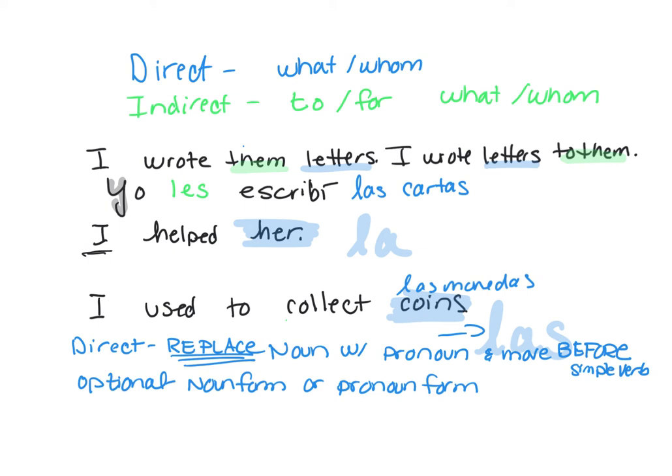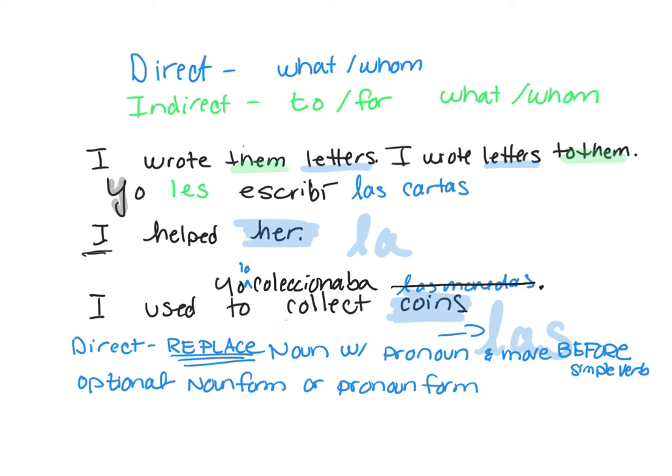So here are our options with this sentence. You can say, yo coleccionaba las monedas, okay? Or you can take the las monedas, turn it into a pronoun instead of a noun, and put it right here.